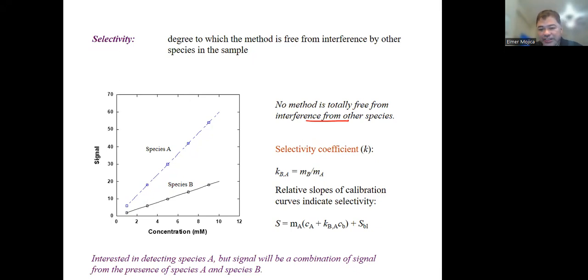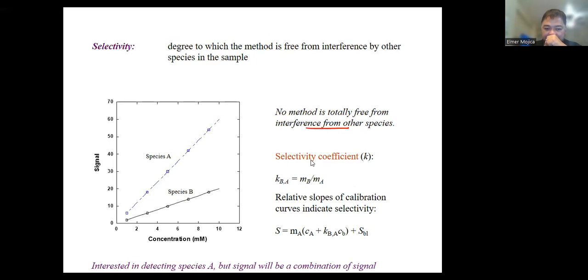Now, the problem with this interference, it can increase or enhance your signal or diminish the signal that you have. Okay. So the way that you look at this, it's just a ratio, such as the capacity factors in chromatography.